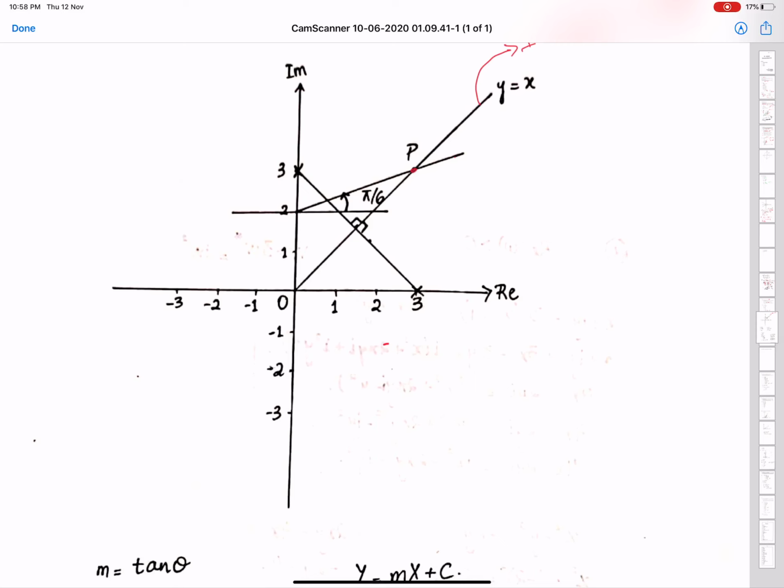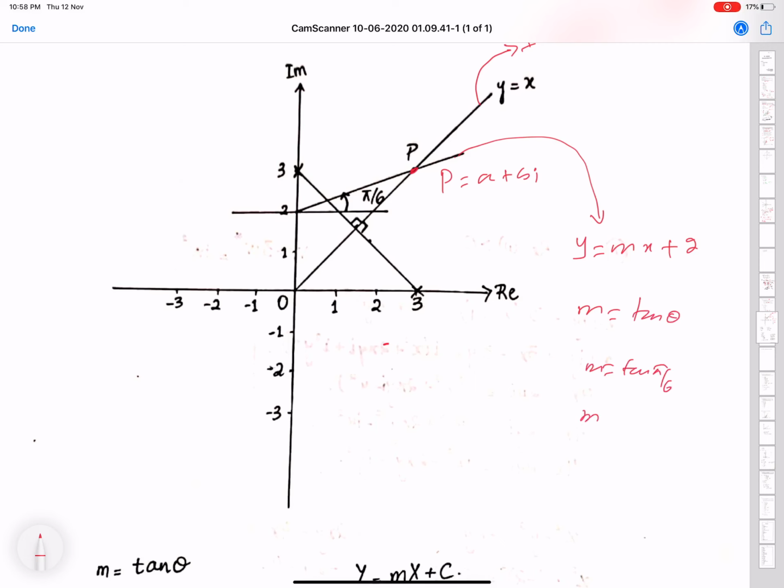Now this is the point of intersection, and we can get this point of intersection by solving these two equations simultaneously. The equation of this line will be y is equal to mx plus 2, and you know m is tan theta and theta is pi by 6.